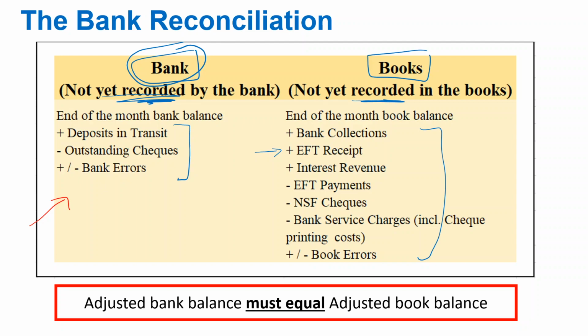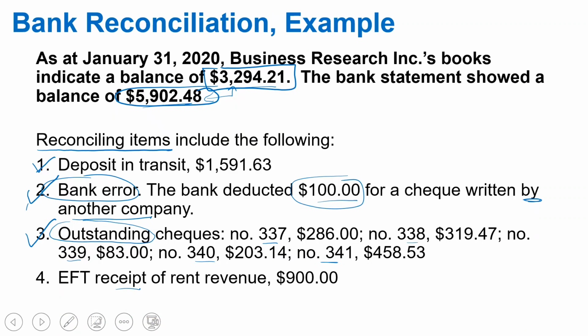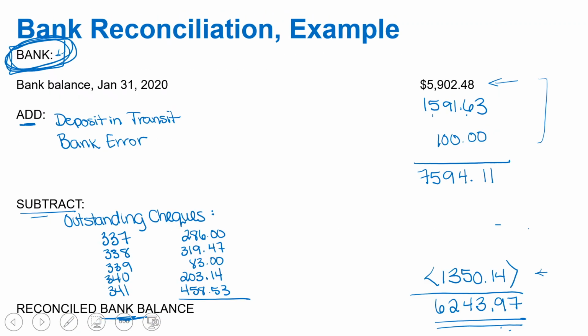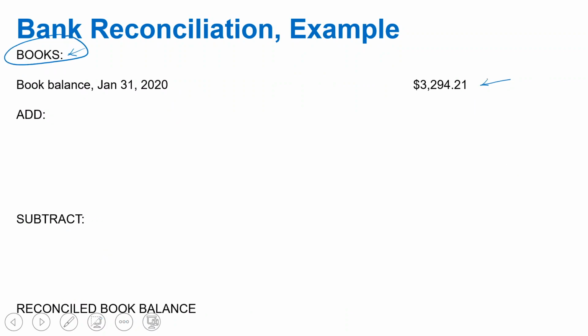So it's already been recorded by the bank, but they didn't tell us, so it's not yet recorded in the books. And we always put it on the bank rec where it's not recorded yet. So we're going to put that on the books side. And because it's a deposit that went into our account, we need to add that into the book side. It will add to our bank balance.